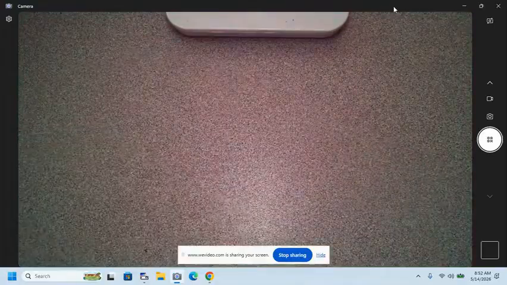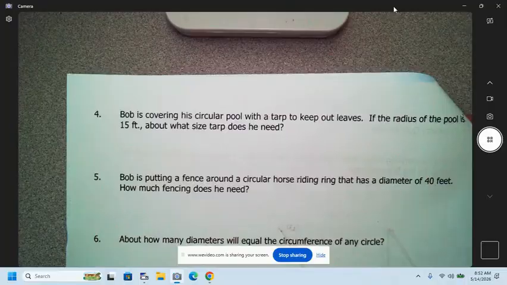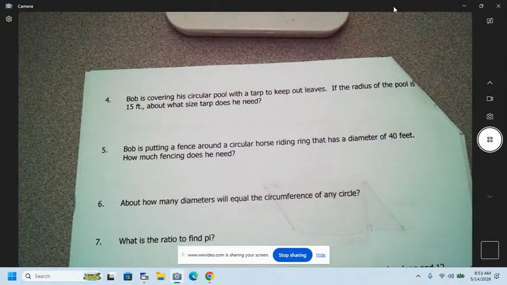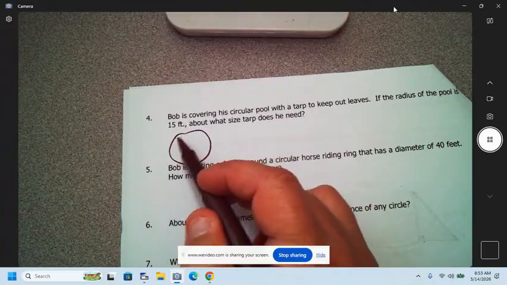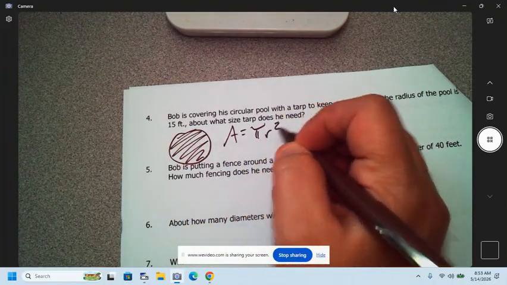All right, page 2. Oh, a whole page of word problems. All right. Bob is covering his circular pool with a tarp to keep out the leaves. If the radius of the pool is 15 feet, about what size of tarp does he need? So if he has a circular pool and he's going to cover the pool with a tarp, that's area. So I use the area formula.